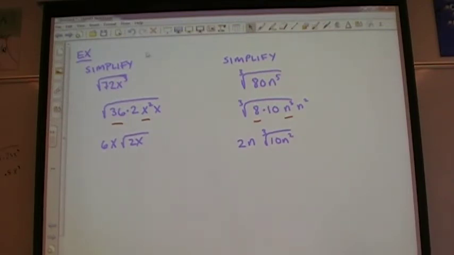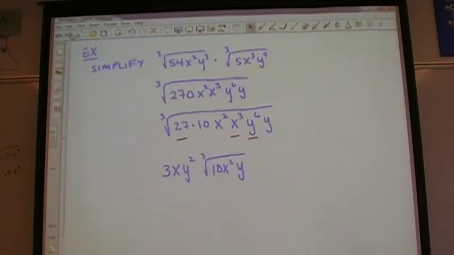Next. All right, this is just like example 1. You could multiply everything underneath to start with, or you could simplify them separately. I multiplied everything underneath. Since they're both cube roots, you can do that.